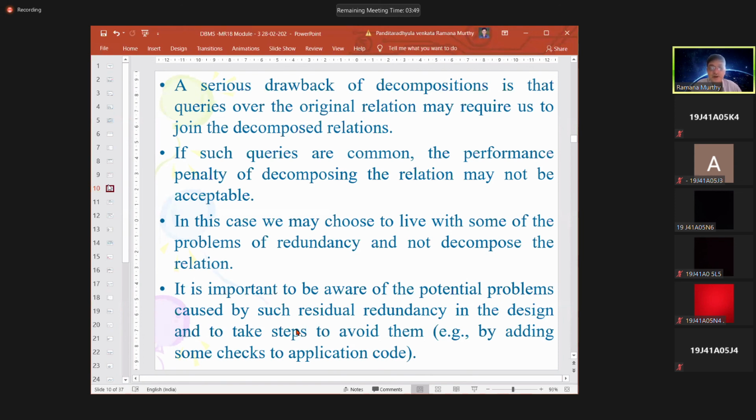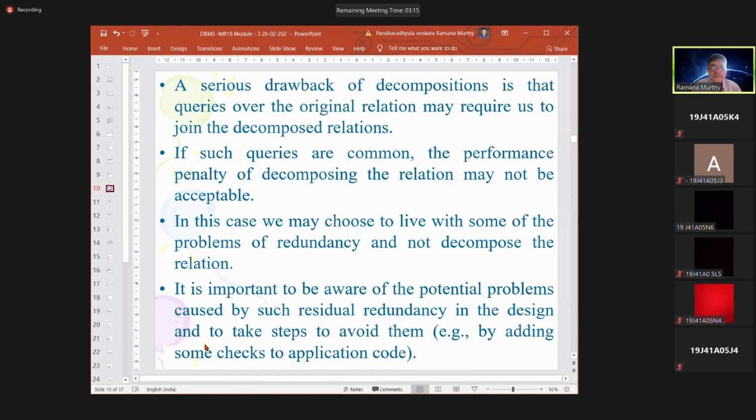It can be 1 or 2 tables, no problem, but we can't decompose into more number of tables if the performance is important. Because if more number of queries are based on multiple tables, joining the tables, we don't go for the decomposition. Okay, so it becomes a performance penalty for us.